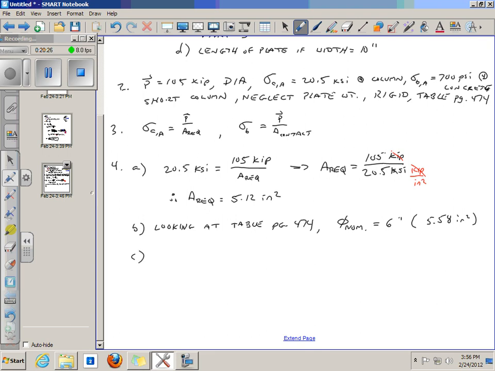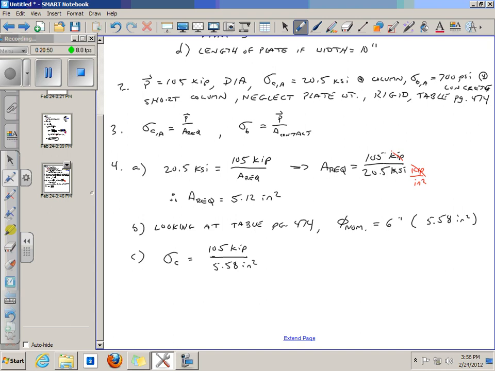So part C. They said find out what's the actual stress in the column based on that pipe we chose. So actual compressive stress is equal to the force we've got, 105 kips, over the area we've got. Well, the actual area of this 6-inch nominal pipe is 5.58 inches squared.